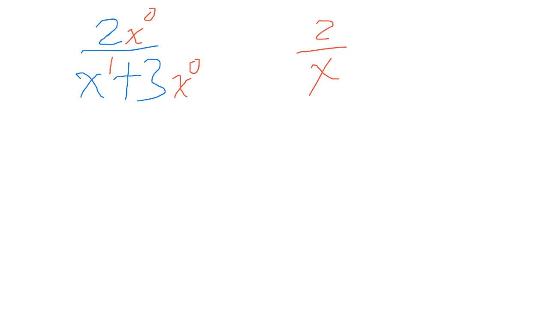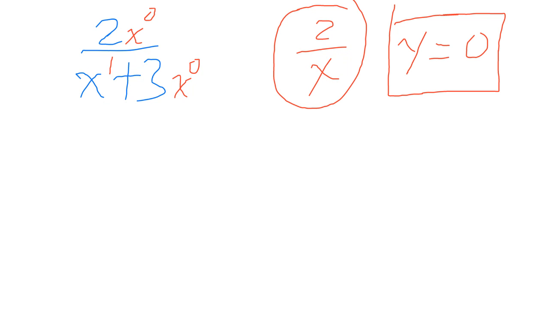Anytime you have a number divided by an x like that, the horizontal asymptote is going to be y equals 0. Let me do that again: 2 over x plus 3.